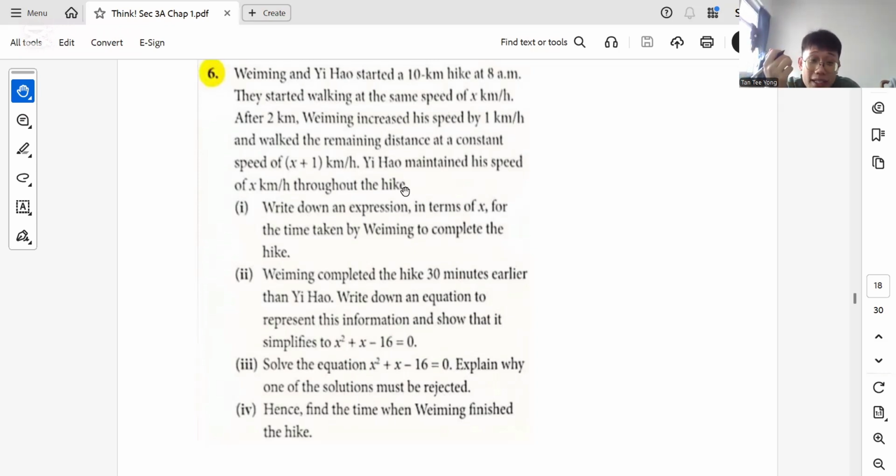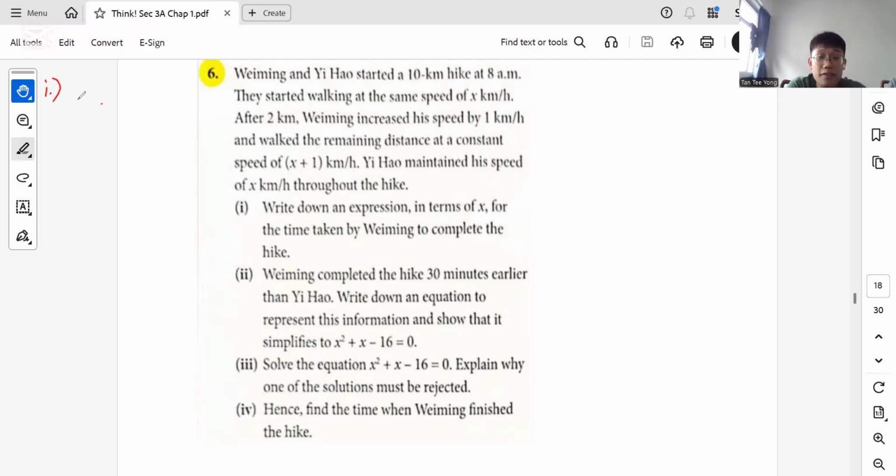Okay, so part one, write down an expression in terms of x for the time taken by Wei Ming to complete the hike. First thing first, for the first 2 km, let me use another color, red.